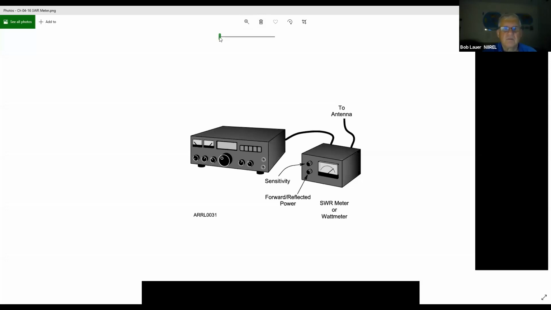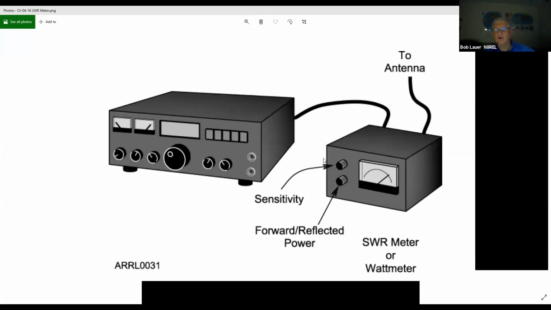Okay. I think I had a slide on that. I showed that one. The only thing to remember about this is that there is one test question that asks you, where do you connect your SWR meter or your watt meter?